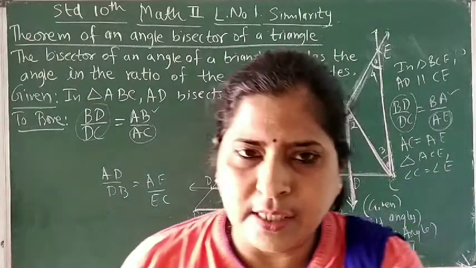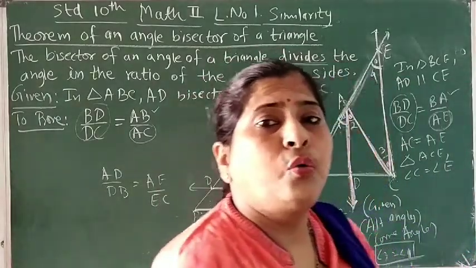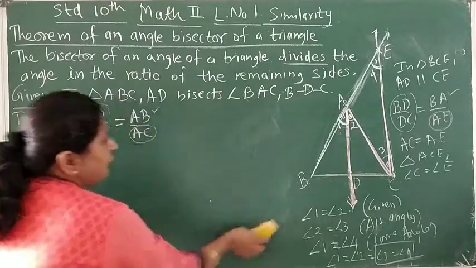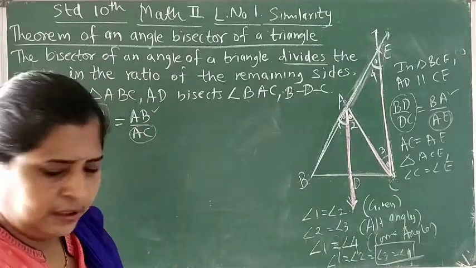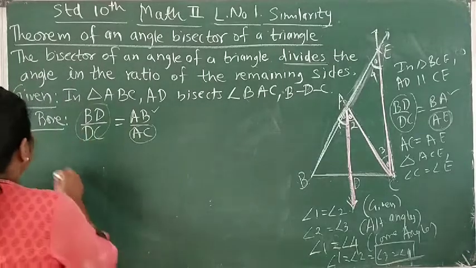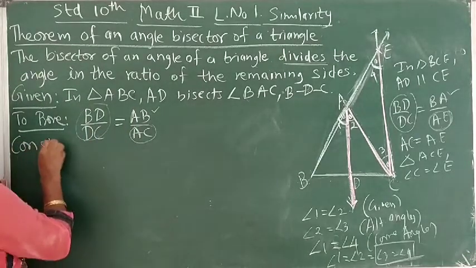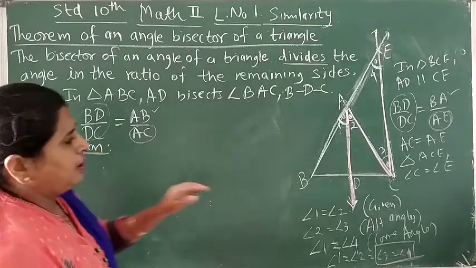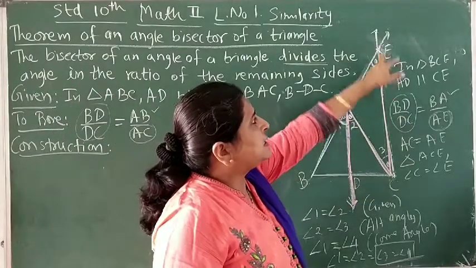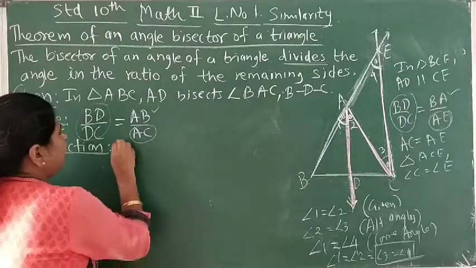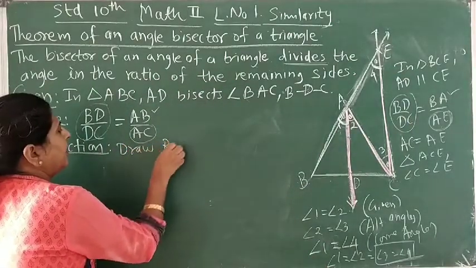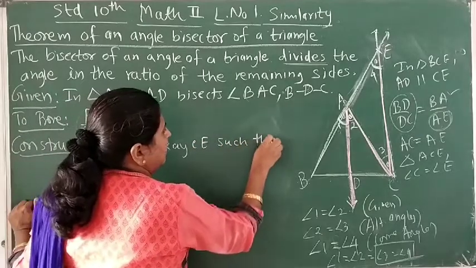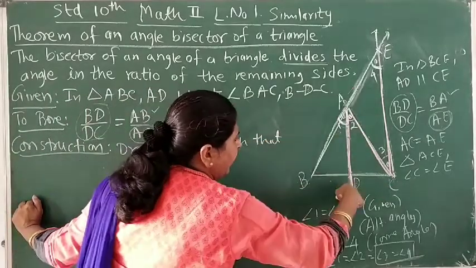So when you understand the way you have to follow, then we can start writing the actual proof. This is actually rough work that we have done here. So let's start. First we have to start with the construction. Now what construction have we done? We have drawn ray CE such that it is parallel to AD.